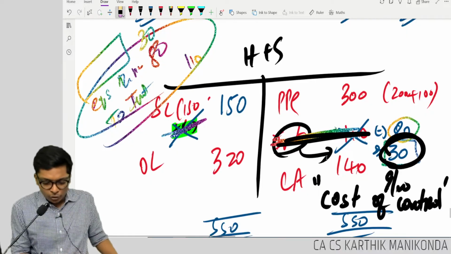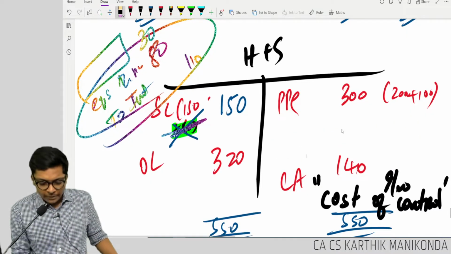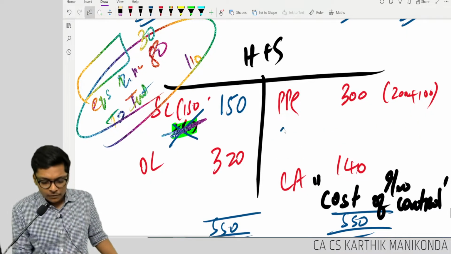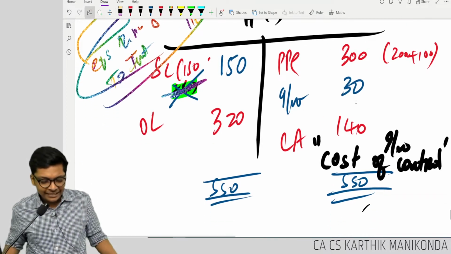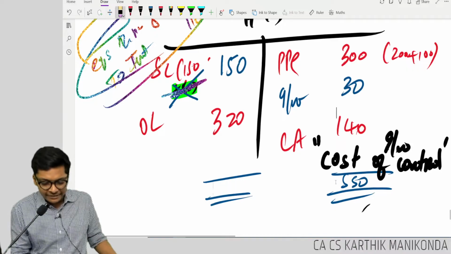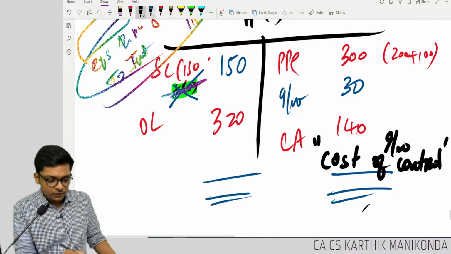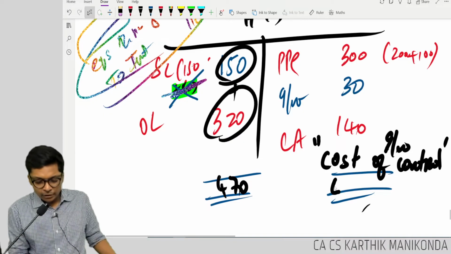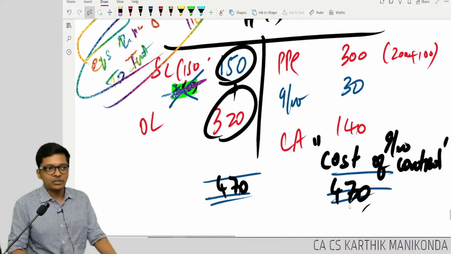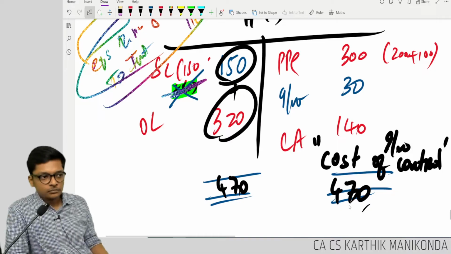So for investments, if you want to look at how the balance sheet will look, my new balance sheet will look like goodwill 30. Is the balance sheet tallying now, guys? What is the total after setting off? 150 plus 320, 470. Here also it should be 470. Are you following, guys?